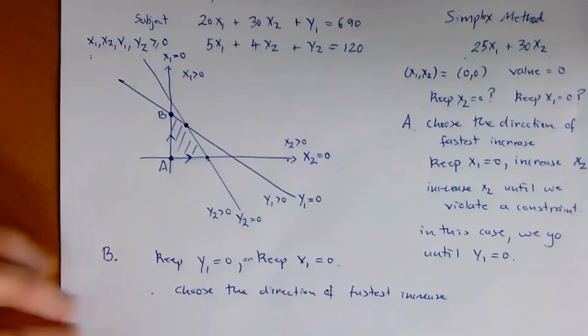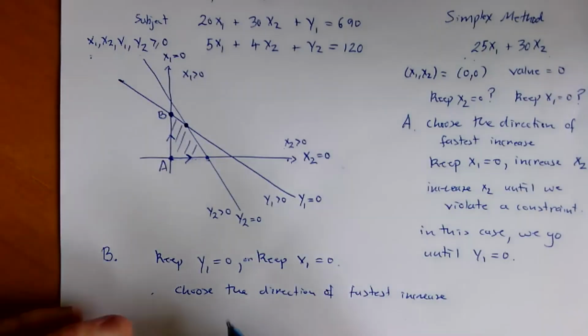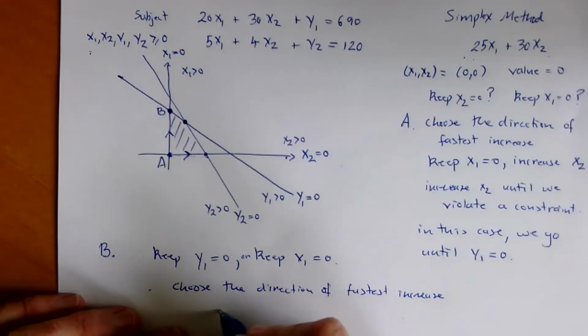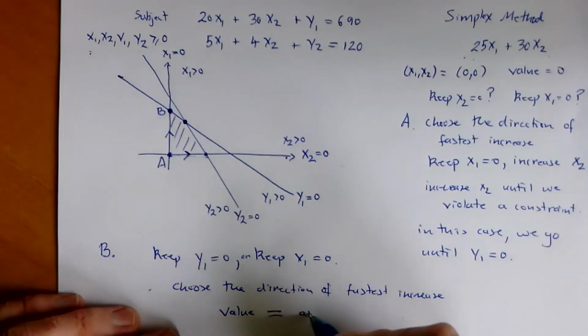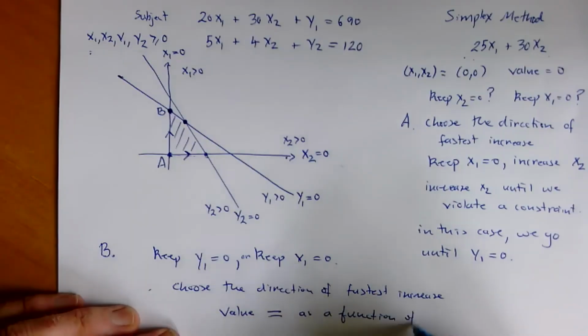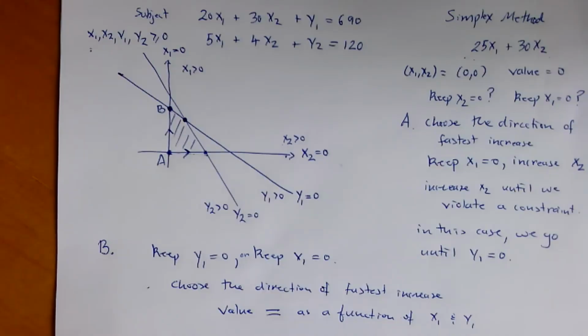Now notice this implies something, because when we initially wrote our objective function, I'll just write it as value, we need to express this as a function of x1 and y1, because as I vary x1 and y1, I want to know which one leads to fastest increase. That's connecting back to the reading.